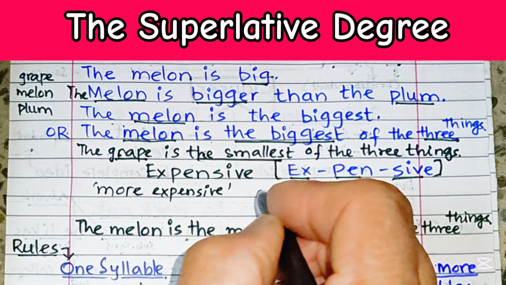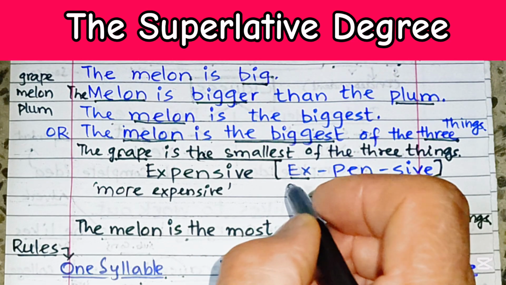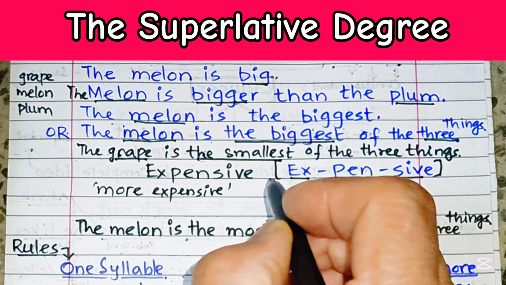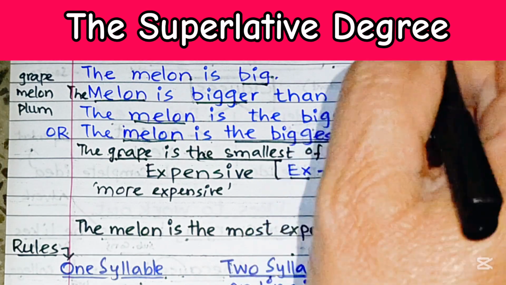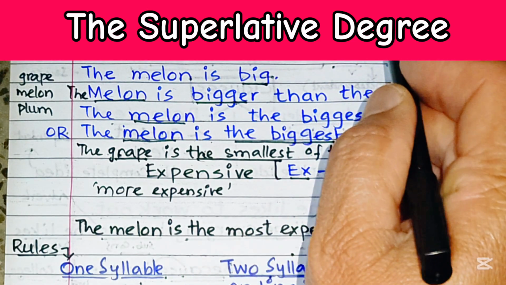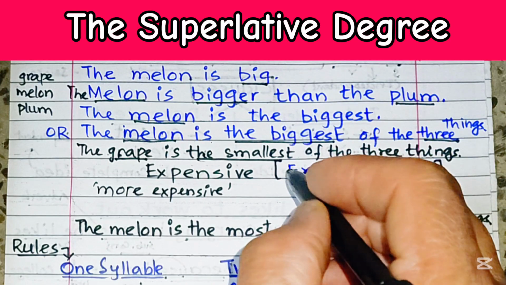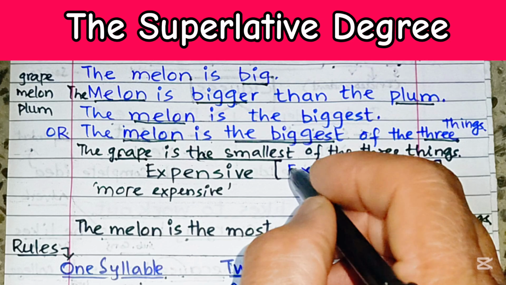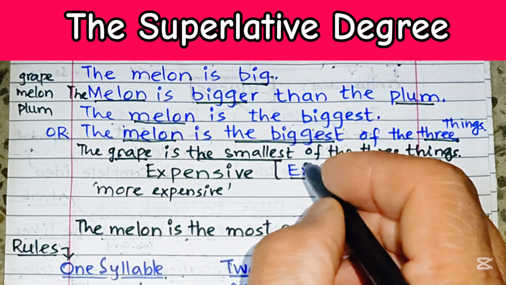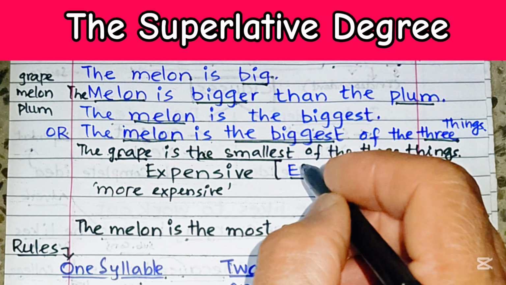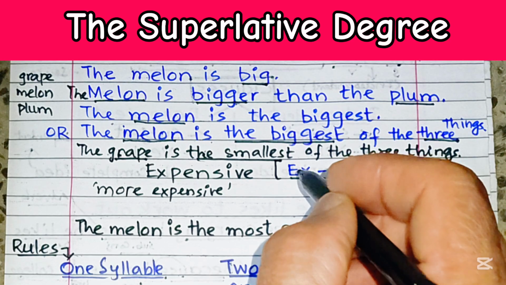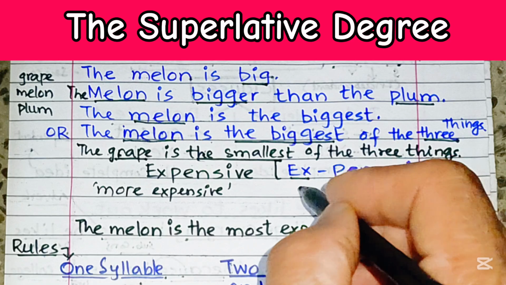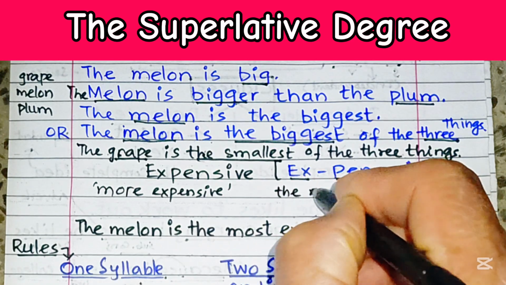Likewise, if we look at the difference between two things, we use this. And if we look at the difference among three things or more than three things, we use the word expensive to describe a noun, and then we use the most expensive.